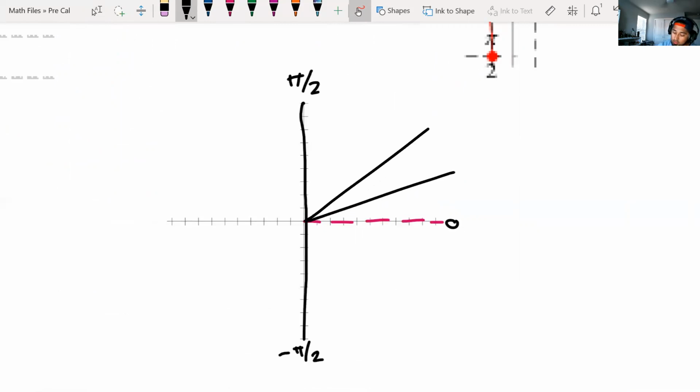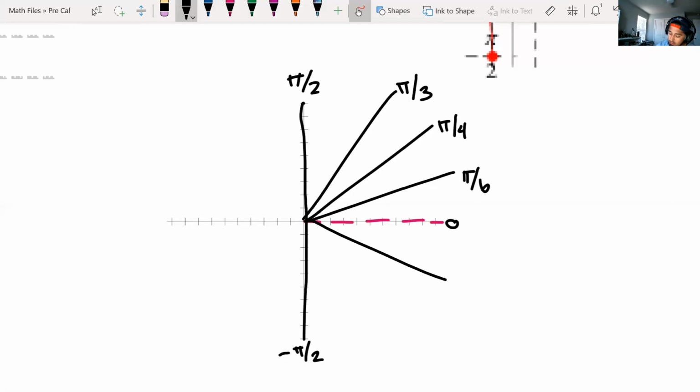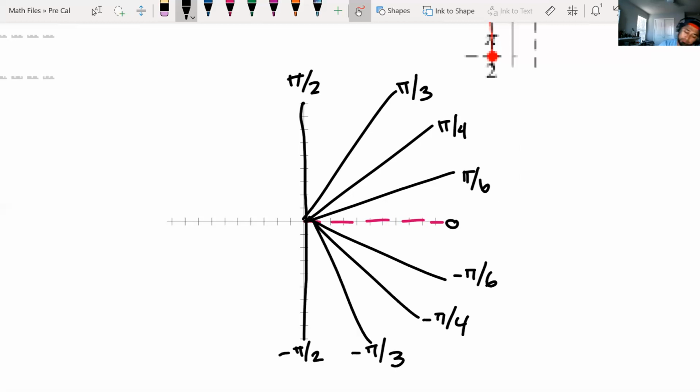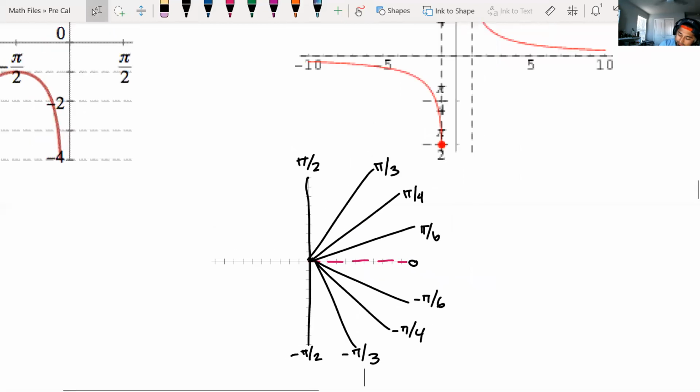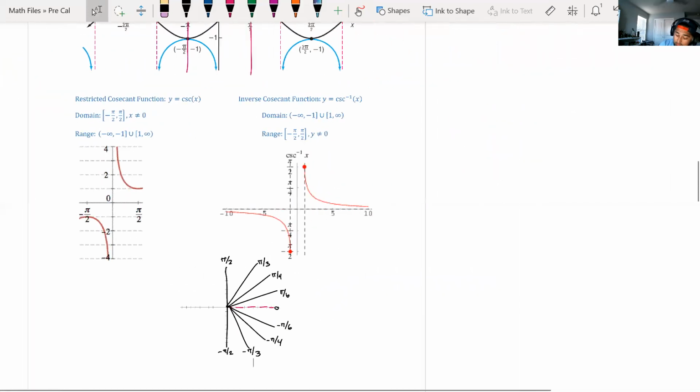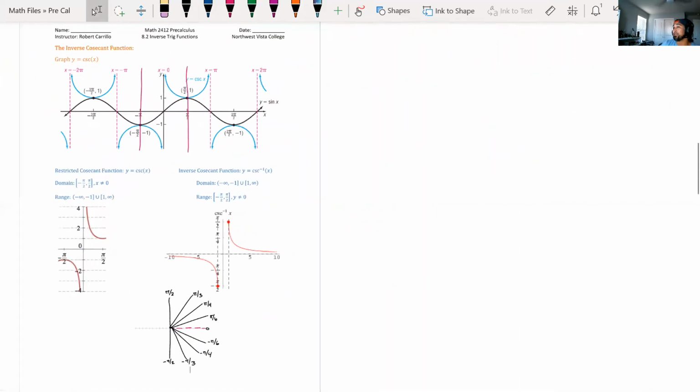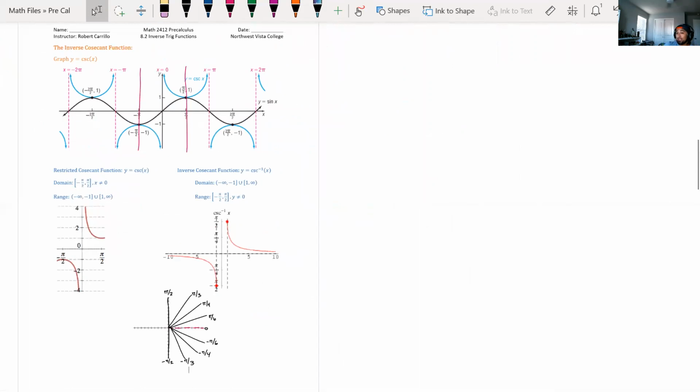So we know these radian values: pi over 6, pi over 4, pi over 3, negative pi over 6, negative pi over 4, and negative pi over 3. Those are all the properties of the inverse cosecant function. All good?